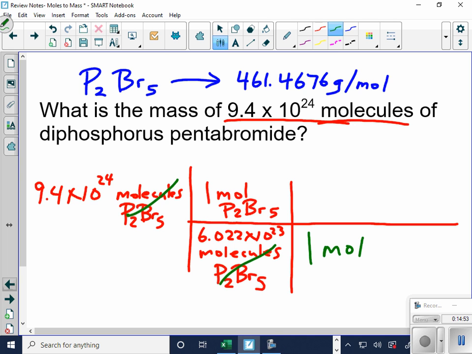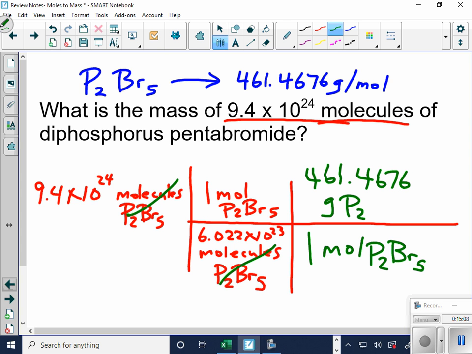So I know that 1 mole of diphosphorus pentabromide has a mass of 461.4676 grams of P2Br5. I'm going to close my box here. So I step back. I have a mole on top, mole on bottom. I do indeed get a cancel.